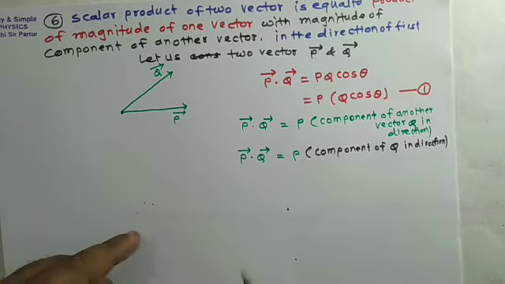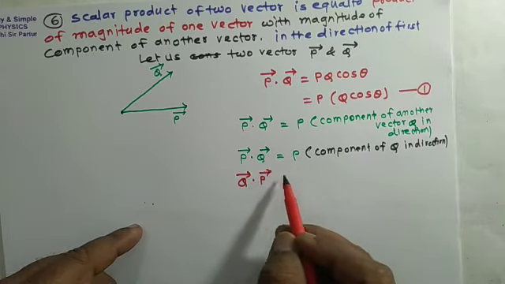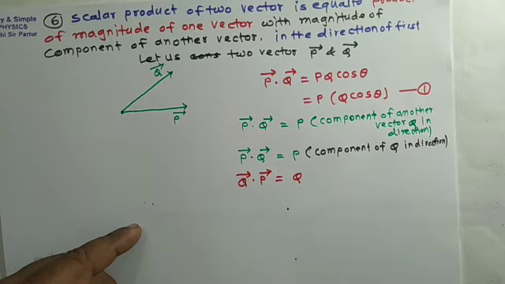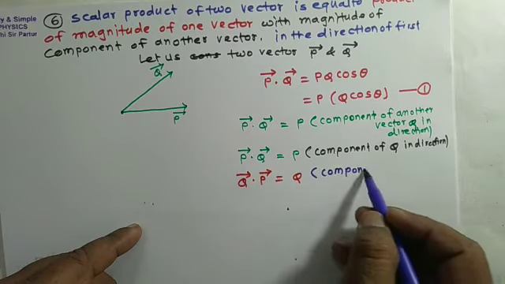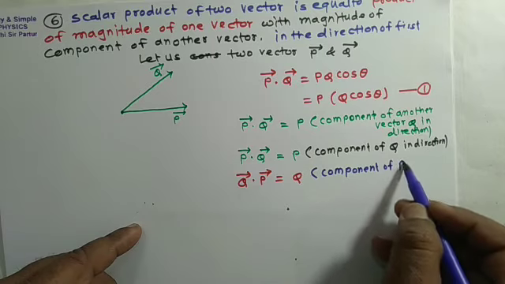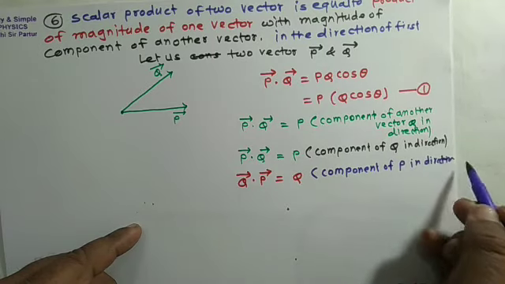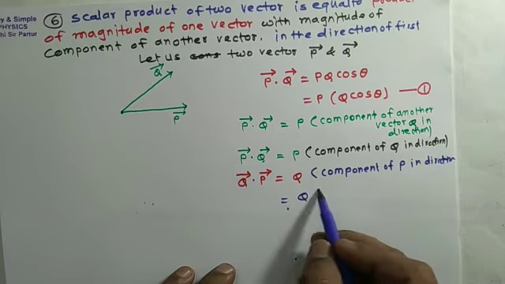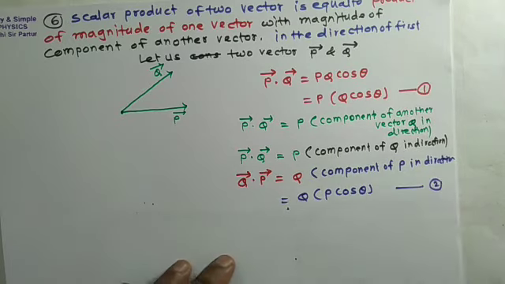Whereas another term, vector Q dot vector P, it will be Q in bracket component of P in direction, means Q into P cos theta, which is Q P cos theta, equation number 2.